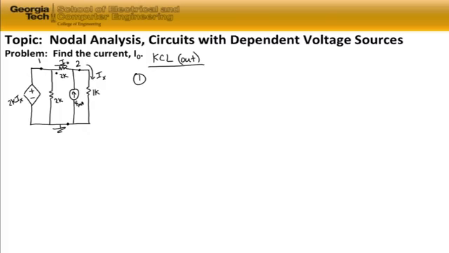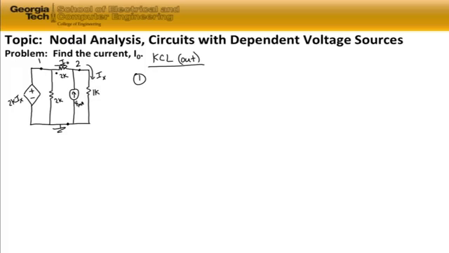It would be the current I2k I sub x. So it would be the current up through the dependent source. This would introduce an additional unknown variable. So we would have the two unknown nodal voltages, V1 and V2, which we can write equations about, and we'd have the additional current associated with the current flowing through the dependent source.